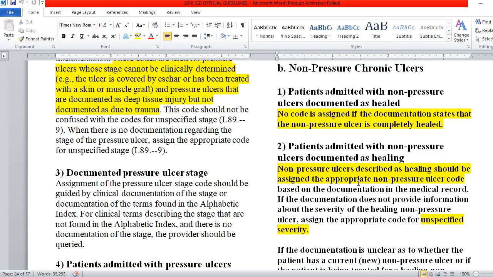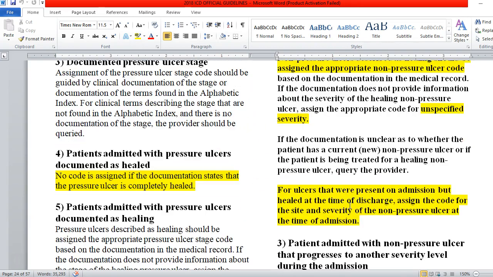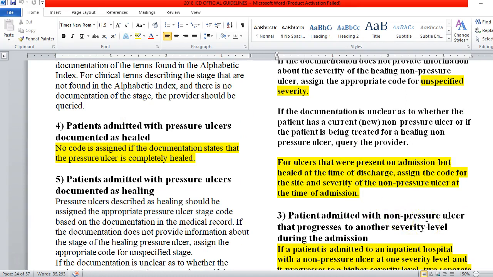Okay, and we're going to look at these. Again, they have different types of severity, but they're not staged like our pressure ulcers are. Okay, and again, if the documentation is unclear as to whether the patient has a current or new non-pressure ulcer, or if the patient is being treated for a healing non-pressure ulcer, query the provider. Always go back if the documentation is unclear. Now again, for ulcers that were present on admission but healed at the time of discharge, assign the code for the site and severity of the non-pressure ulcer at the time of admission.